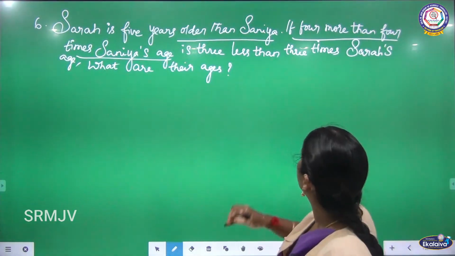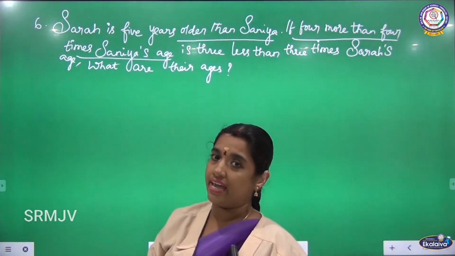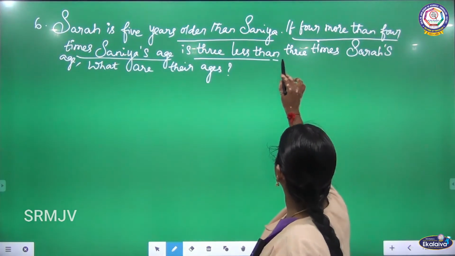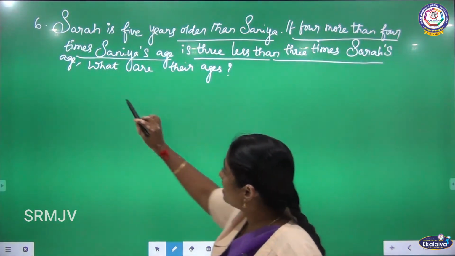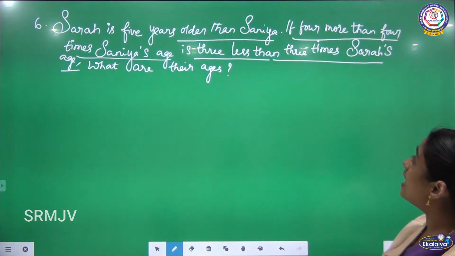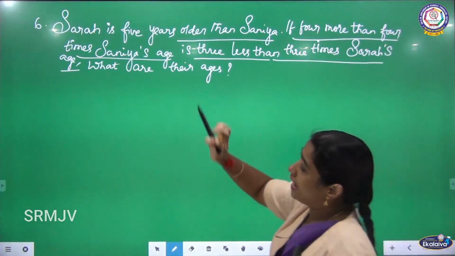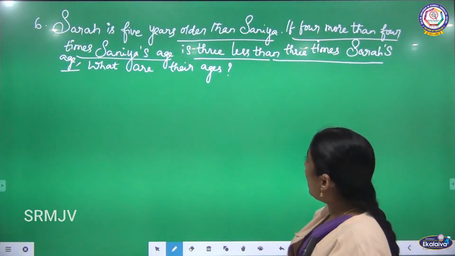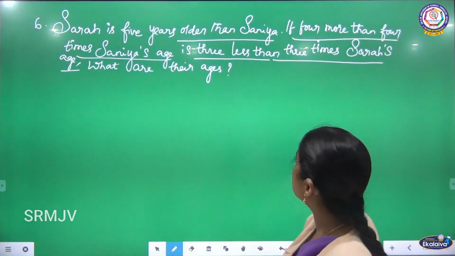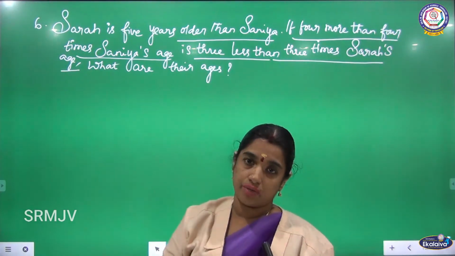If 4 more than 4 times Sania's age is 3 less than 3 times Sarah's age. They have given one more statement, that Sania's age is 4 more than 4 times. Okay. And another statement they have given for Sarah's, 3 less than 3 times Sarah's age.